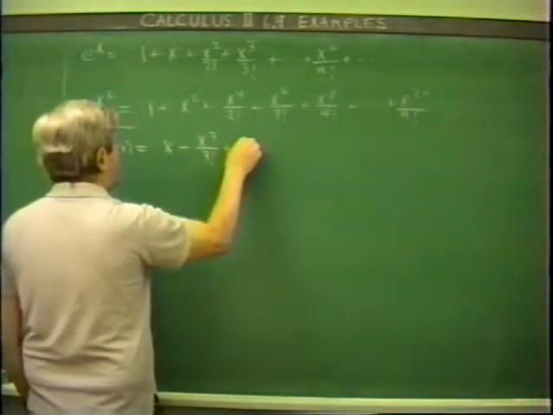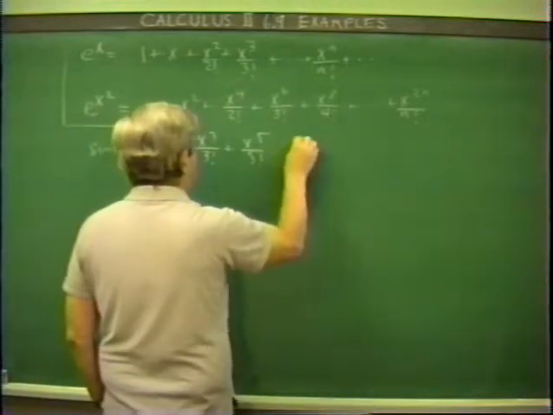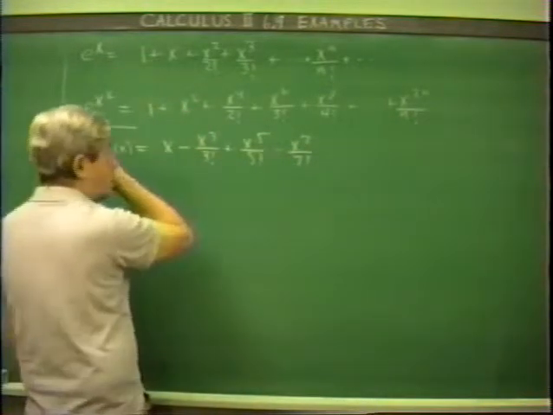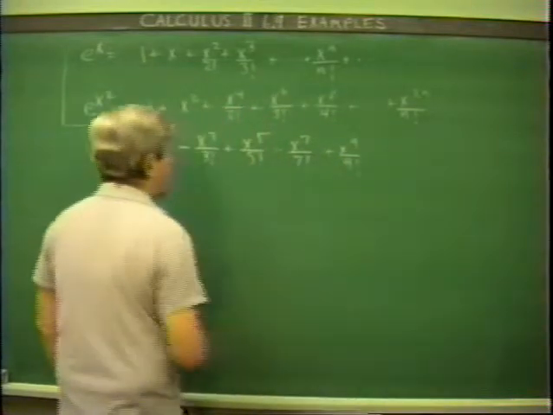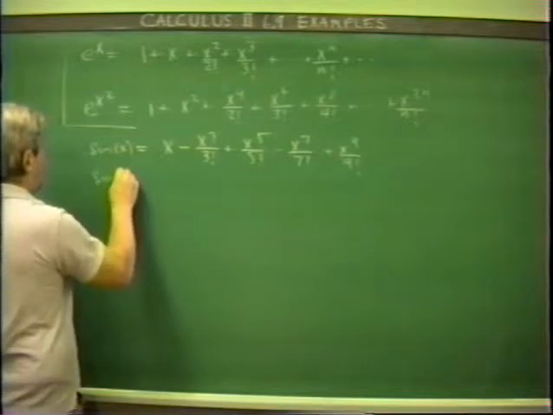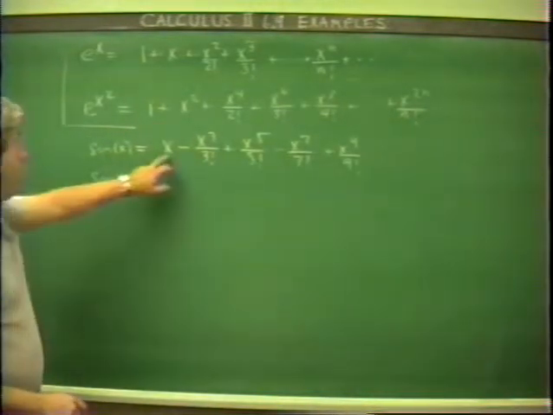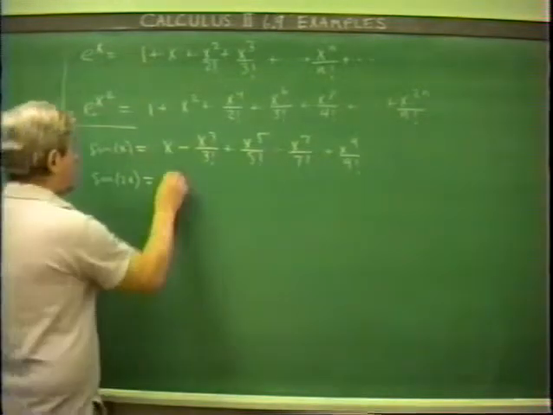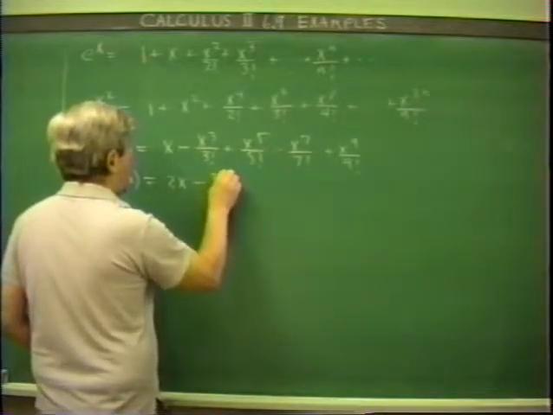All right. Let's look at the sine of x here. This is equal to 0 plus 1x minus x cubed over 3 factorial plus x to the 5th over 5 factorial minus x to the 7th over 7 factorial plus x to the 9th over 9 factorial, and so forth here. This is one that's worth remembering, as is e to the x. Suppose you want the sine of 2x. Well, we can get that by putting 2x in here for x. This converges for all x, so this will converge when we put 2x in here, no matter what x is.